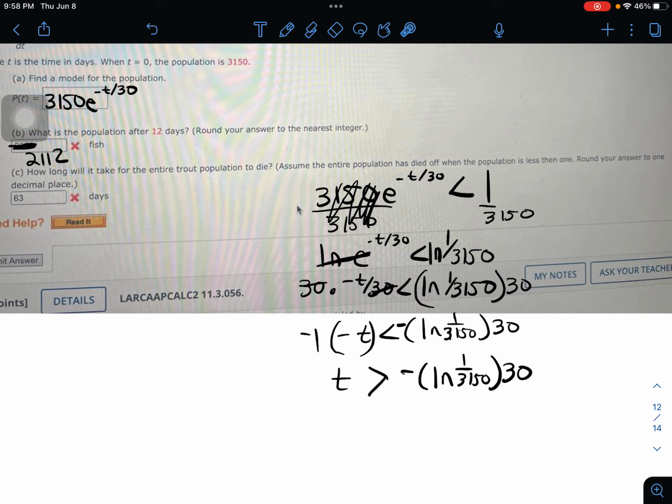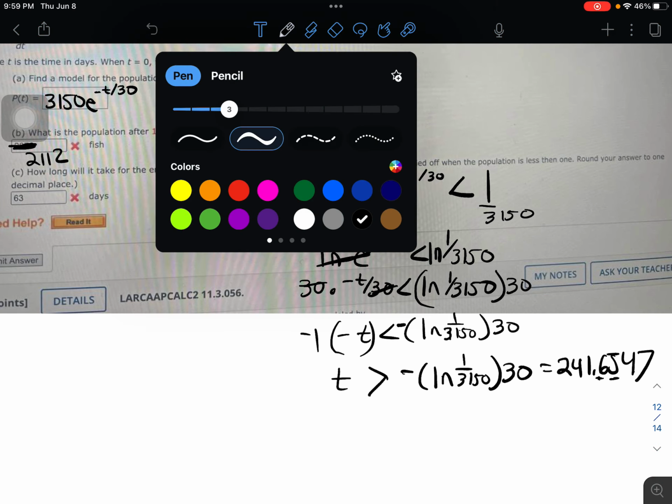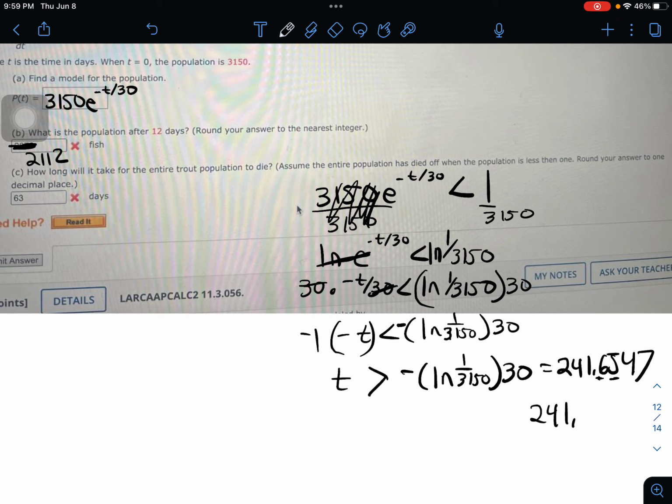Hold on, plugging it in, making sure I do it nice and neat. Yep. So I have negative natural log of 1 over 3,150 times 30. And what I get when I plug that in is 241.6547. And it says round to 1 decimal place. So I need to round to 1 decimal place. This 5 kicks that 6 up to a 7. So it's going to be 241.7.